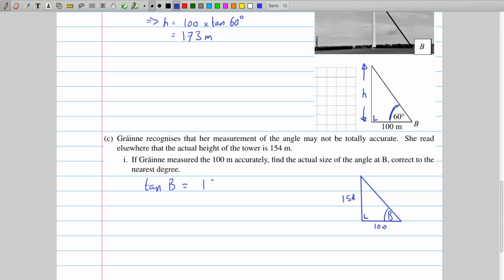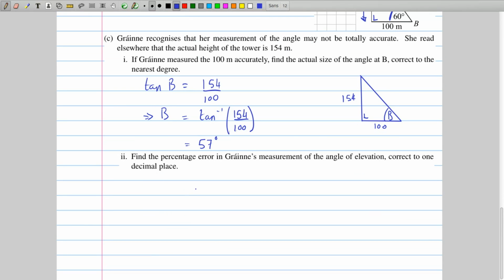We know it's equal to 154 divided by 100. To get B on its own, we need to bring tan over the other side, in which case it turns into an arctan, or an inverse tan as we sometimes call it. It's arctan of 154 over 100. And that turns out to be 57 degrees, correct to the nearest degree.